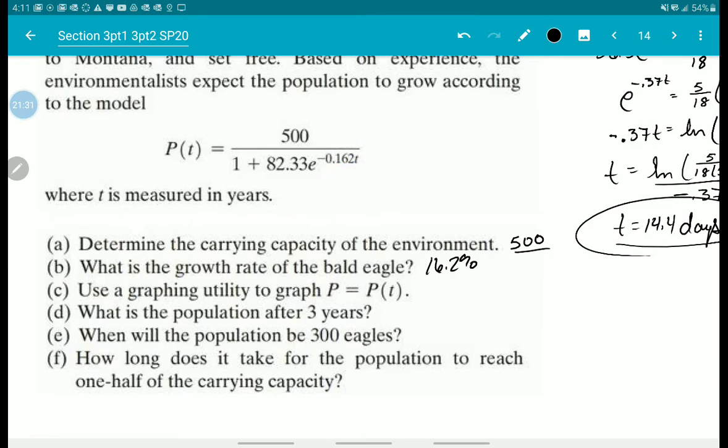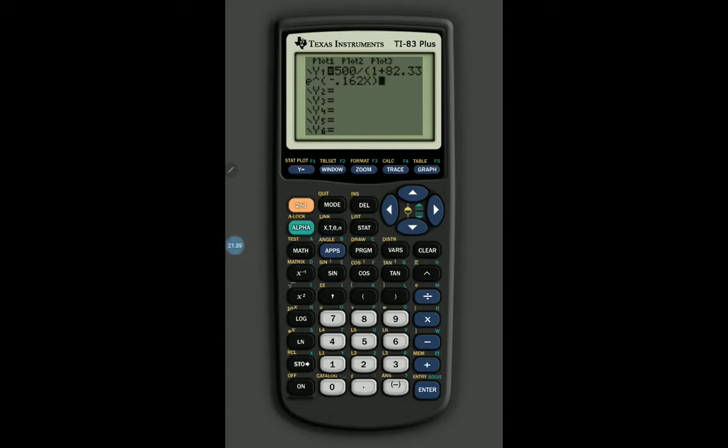We can graph this in the calculator, and then we can find the answers for the rest of the problems. So I'm going to do that. So there's my graph based on the previous window. Let's change our window. We know our carrying capacity is 500.